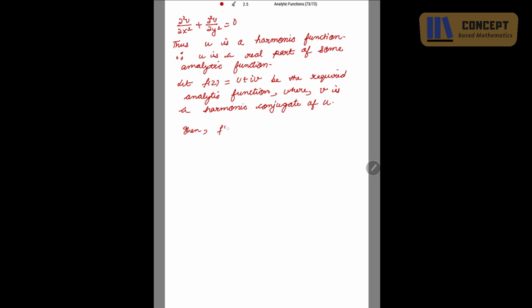Okay, so then what is f'(z)? We use del u over del x plus iota del v over del x. Since u is given, I should change the second term in terms of partials of u. So this is del u over del x, which is x over x squared plus y squared, minus iota del u over del y, which is y over x squared plus y squared.